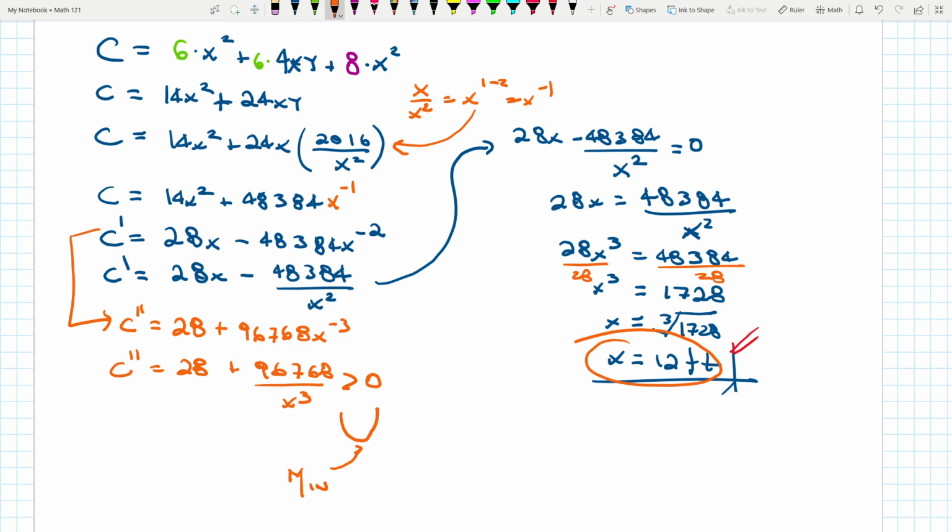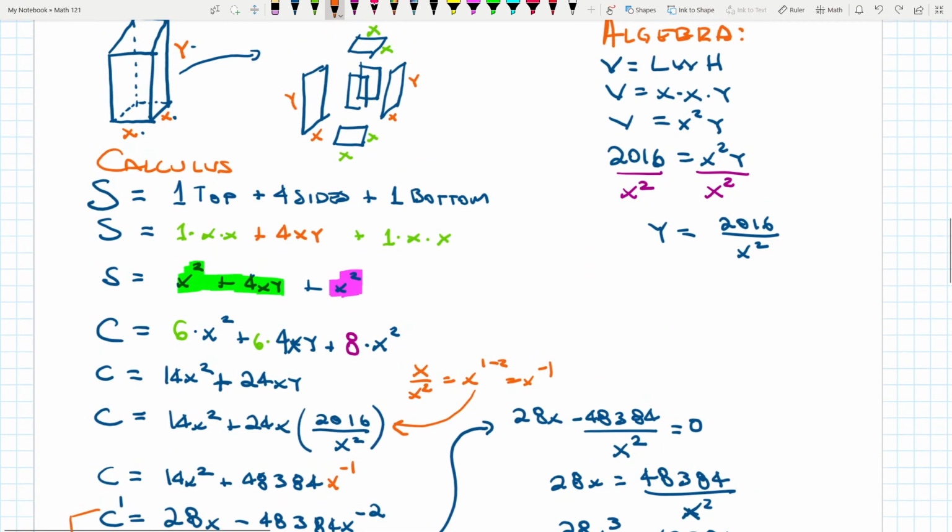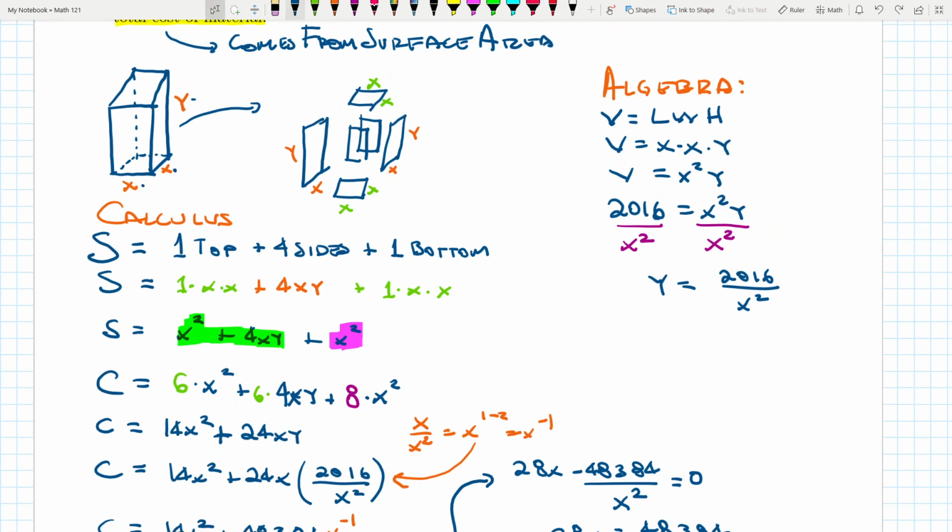Second derivative is positive means concave up, and therefore we have a minimum, which indeed will be given by this x equals 12. So now we can go back to our algebra part and substitute y equals 2016 over 12 squared, and using a calculator you should get 14 feet. Now this means that this is going to be 12, 12, 14.